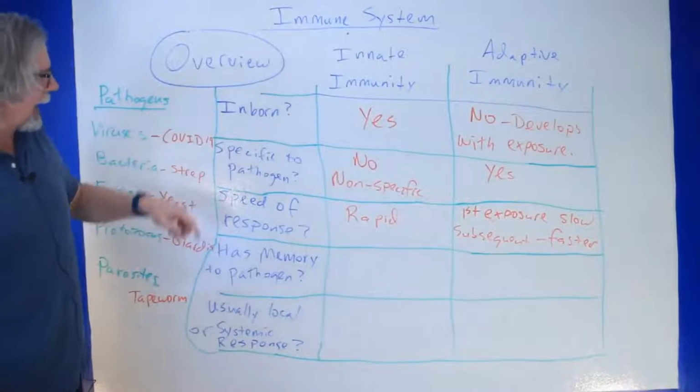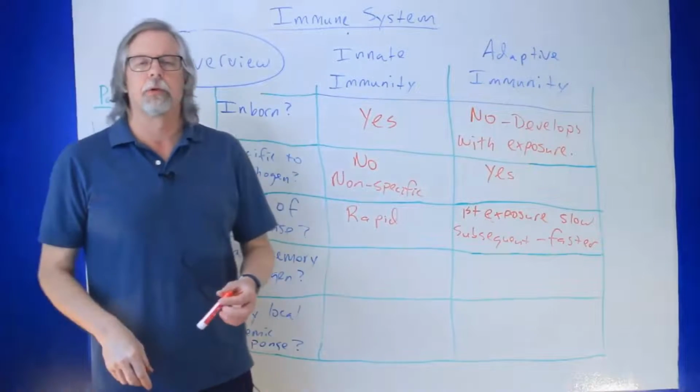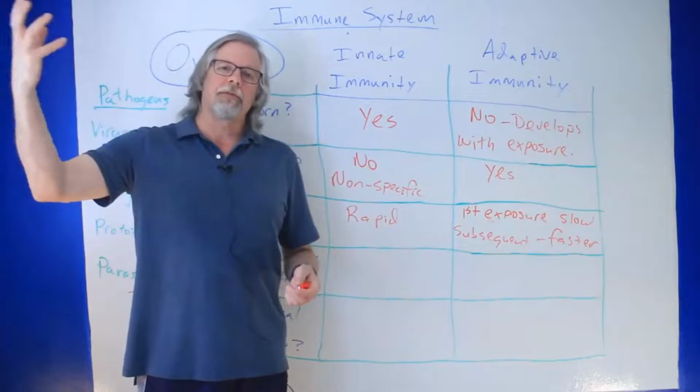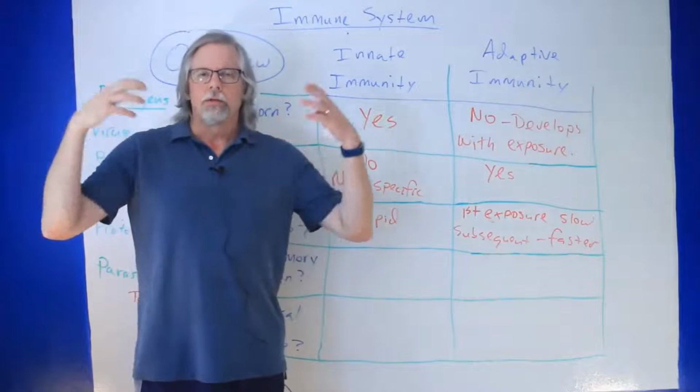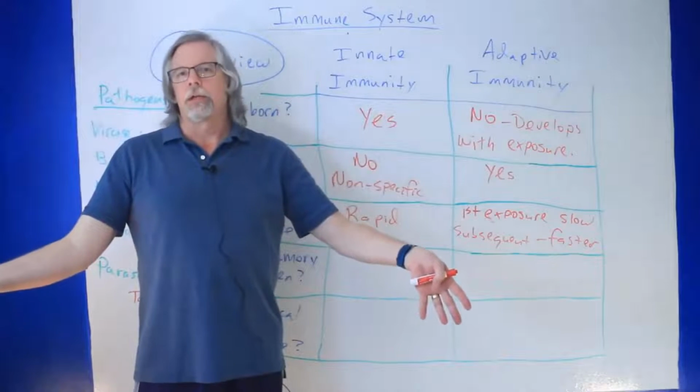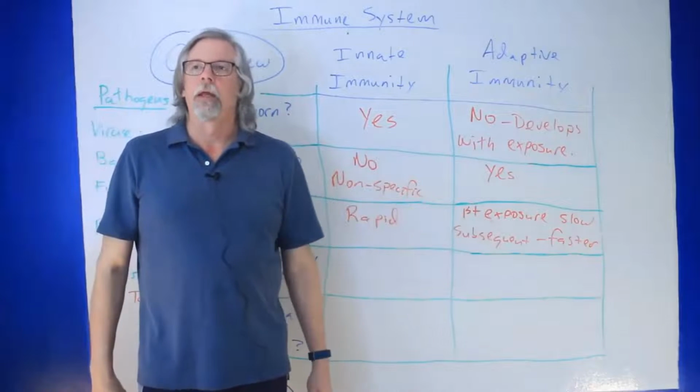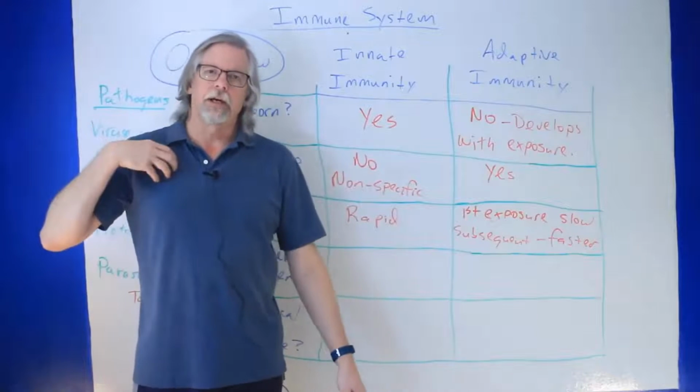Does the immunity have memory to a pathogen? What in the world is memory? So memory means if you're exposed to a pathogen once, your immune system responds at a certain rate and a certain degree, put it that way. What if you're exposed to it a second time?